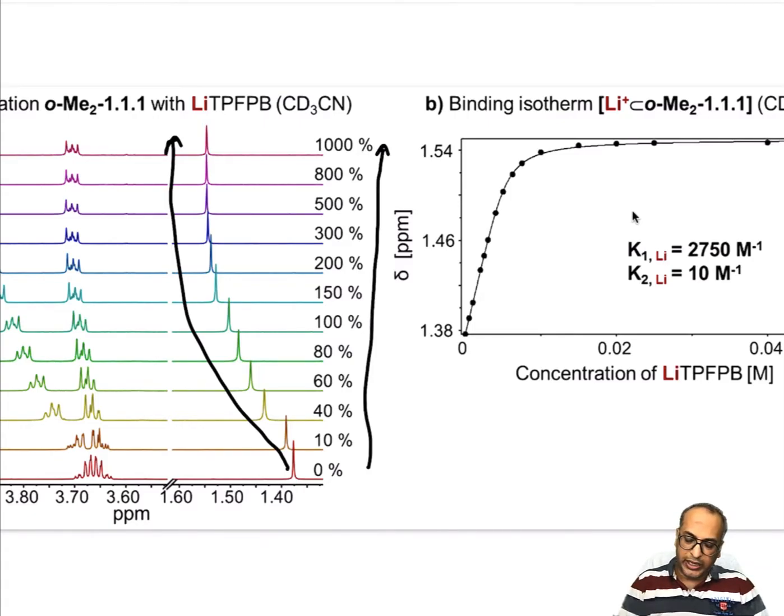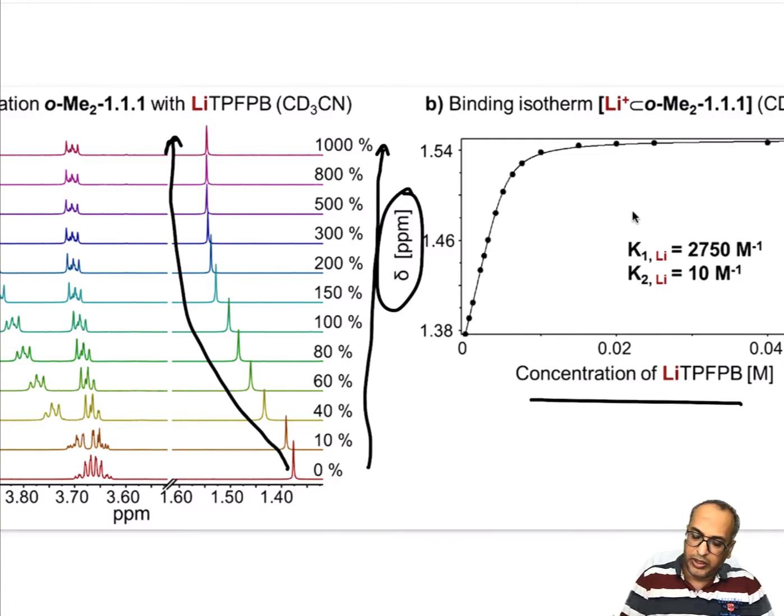So one can plot chemical shift against the concentration of ligand to see how the chemical shift is getting perturbed, and then fit it to a binding equation, which is called a binding isotherm.